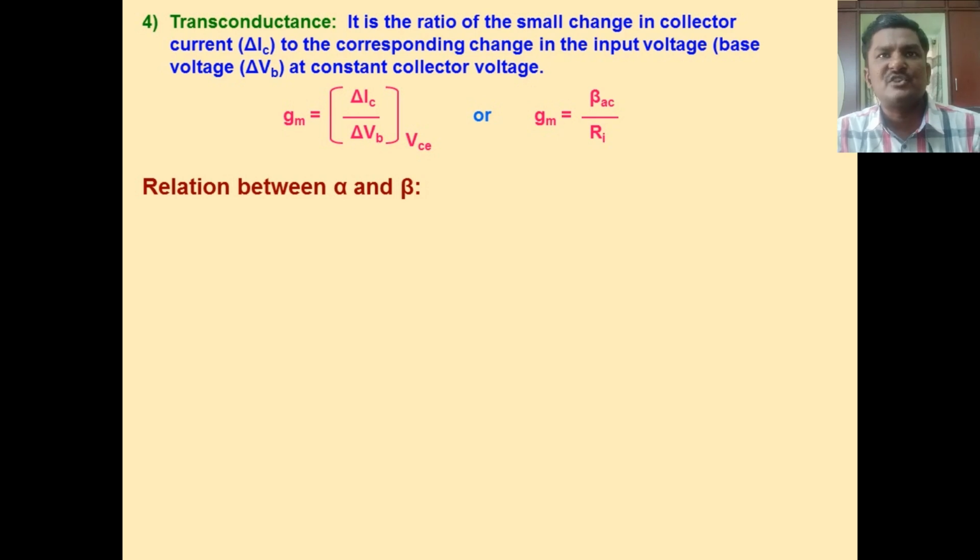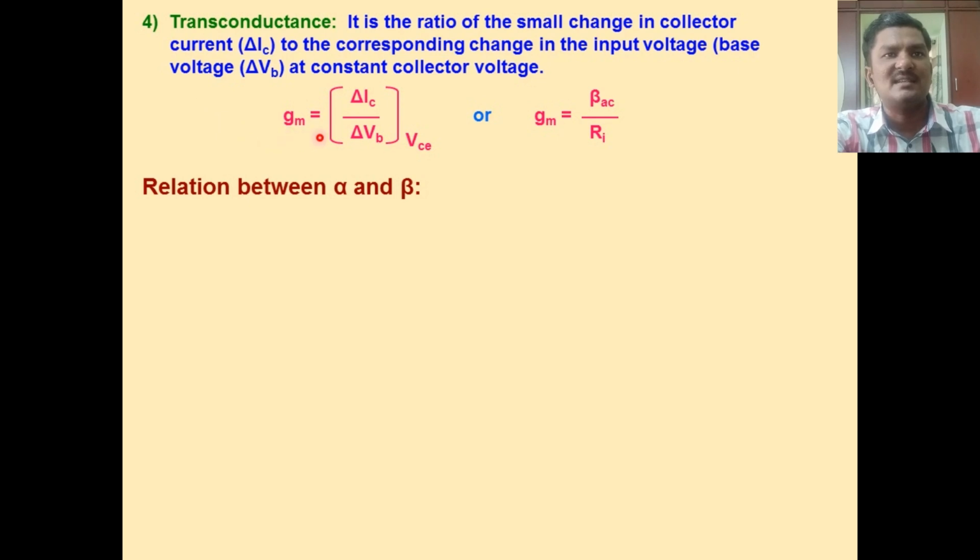So Gm equal to delta IC by delta VB at VCE equal to constant, or Gm can be written as beta by Ri, because this is input voltage.